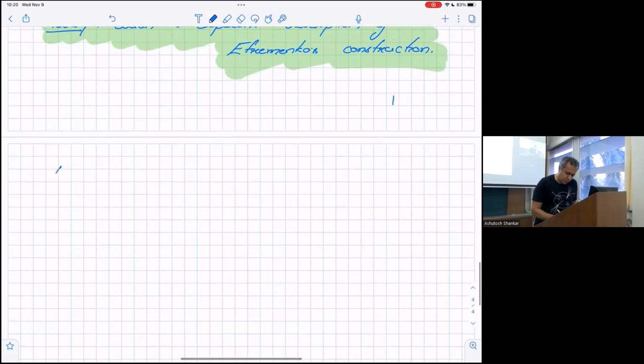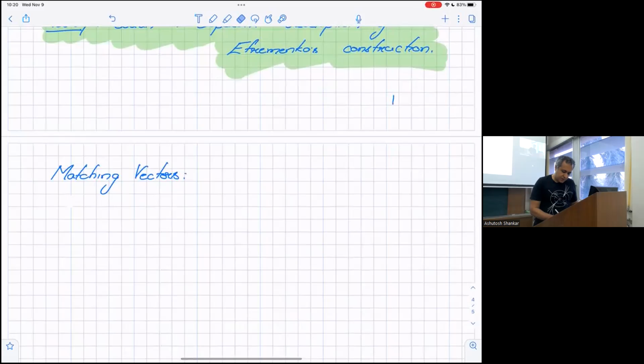This will go via a notion called matching vectors. m will be some positive integer. n will also be some positive integer.